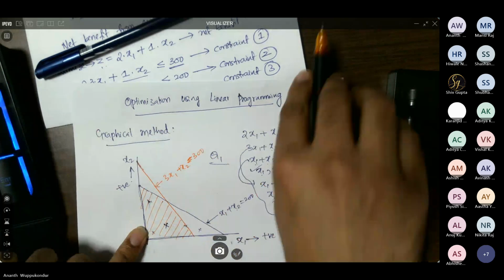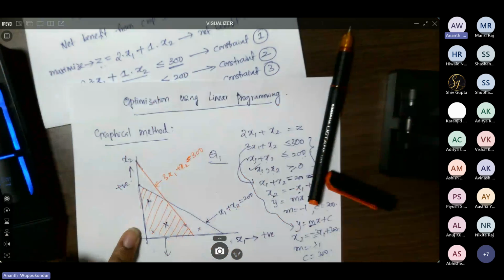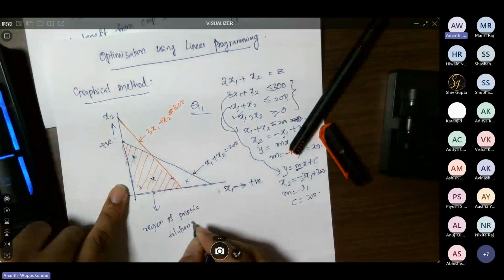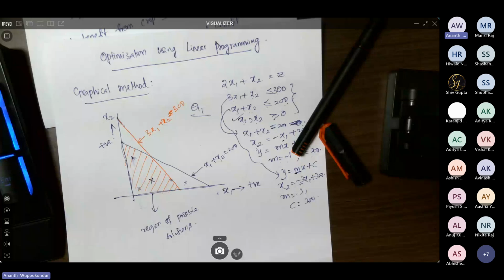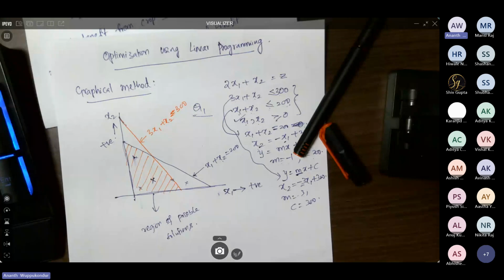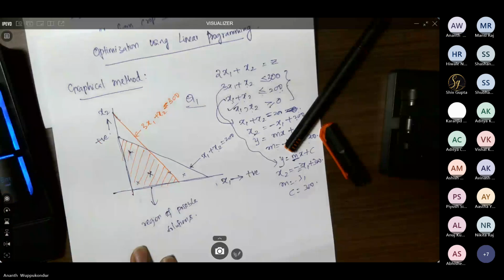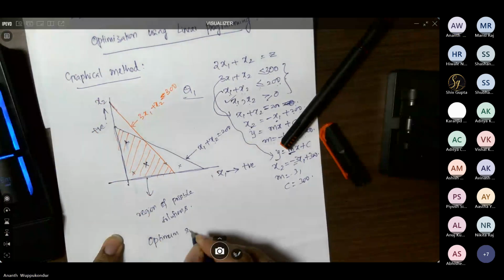So this is the region of all possible solutions. But there can only be one optimum solution. Although all of these points can be possible solutions for the equation we are trying to optimize, the optimum point can only be one.